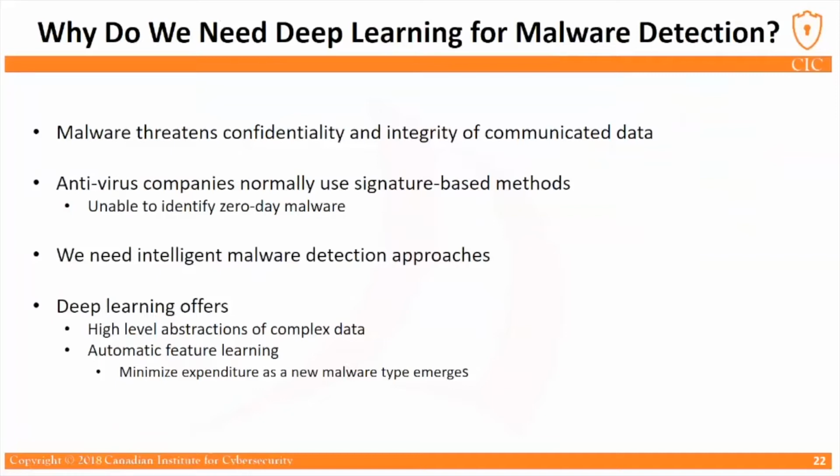And every day, the hackers and the bad guys are getting more professional and produce more sophisticated malware using obfuscation techniques and different techniques. So honestly, the malware detectors and the researchers are always far behind them, trying to catch them. So we really need an intelligent malware detection approach, and deep learning can help us here.